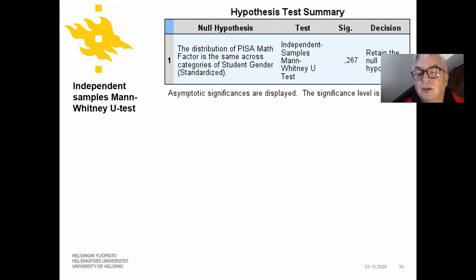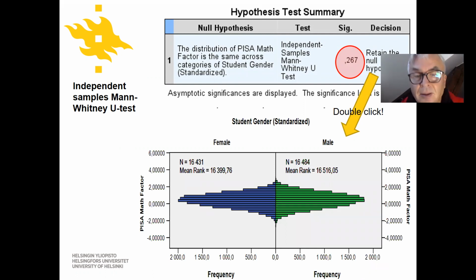That means that again, one more time, there's no difference between the groups. Actually, you can do something fun with this. If you double click over there on the significance, it brings up this picture and some further statistics, but this one is nice, so you can really easily get a comparison between the groups, and you can observe that actually their largest values here are the same and the distribution is more or less the same.